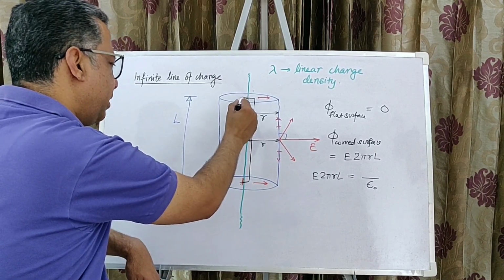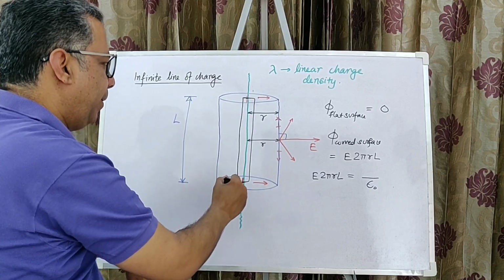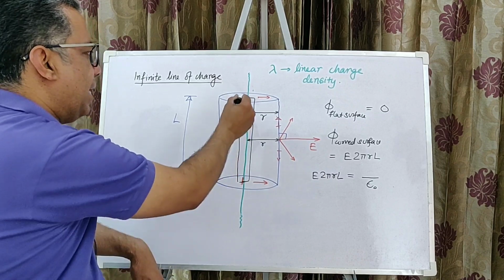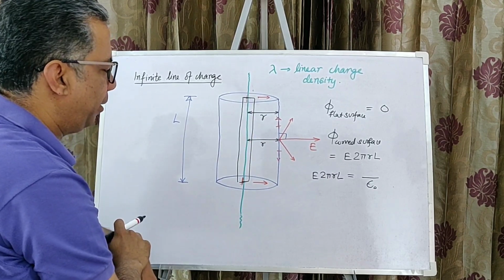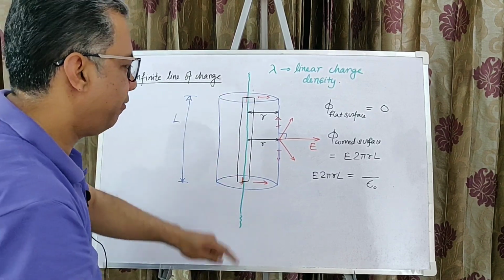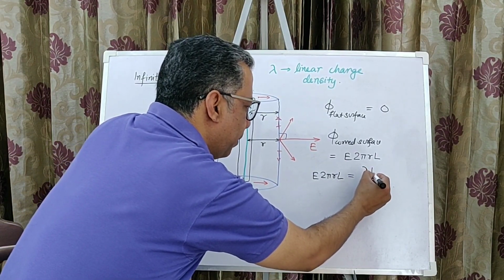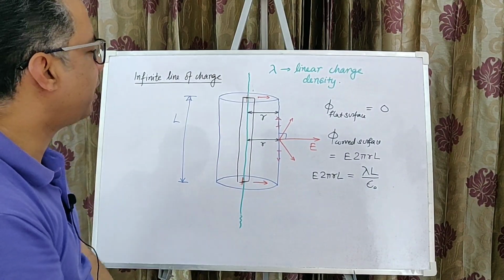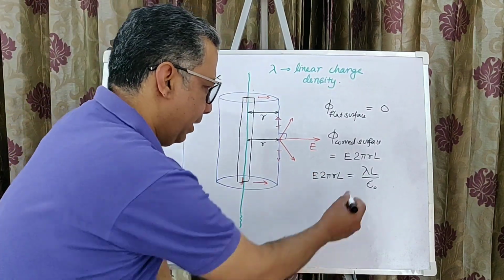The part of the line of charge that I have enclosed in this black rectangle, this length will have to be, of course, L. And when the length of this enclosed portion is L, the charge on it will have to be lambda times L, because the charge per unit length on it is lambda. So charge on the length L will be lambda L.